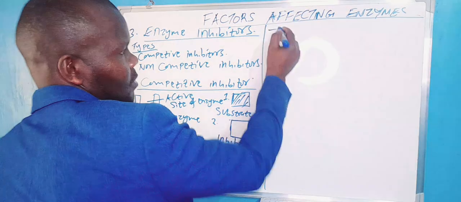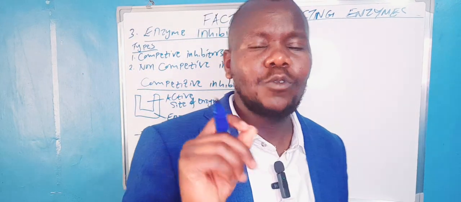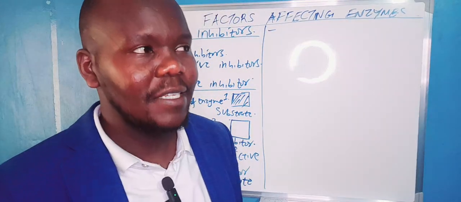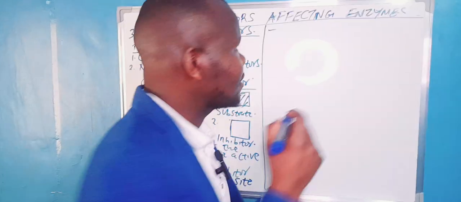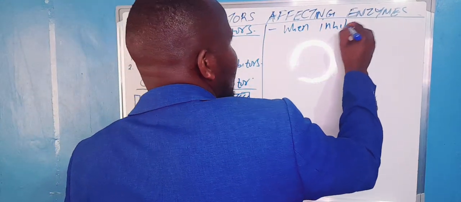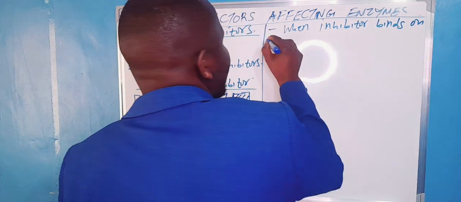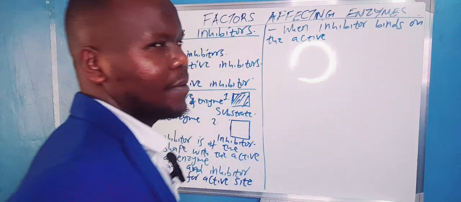Here we are dealing with the substrate and the other one. When the inhibitor binds on the active site, what will happen?